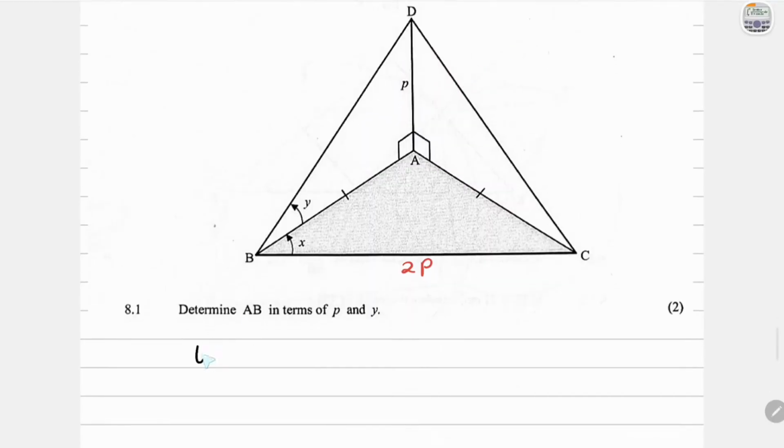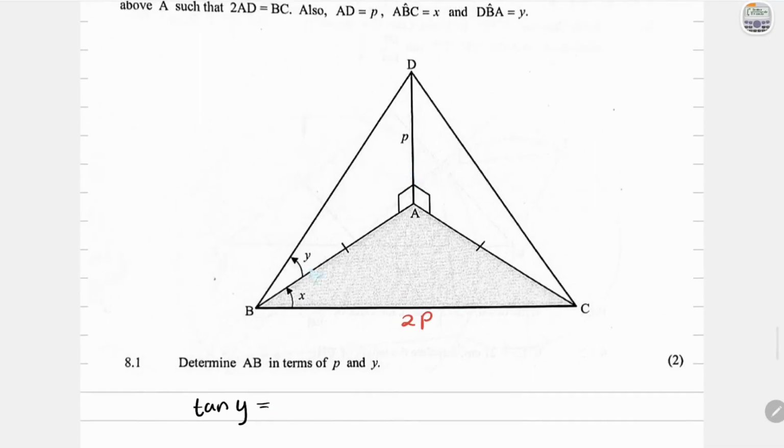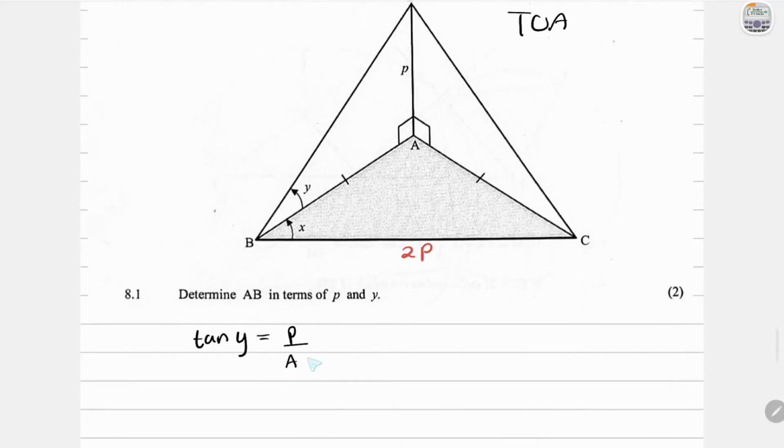So we can start off by saying that tan of the angle Y equals opposite over adjacent, TOA, so that's going to be P over AB. And then we'll just make AB the subject.